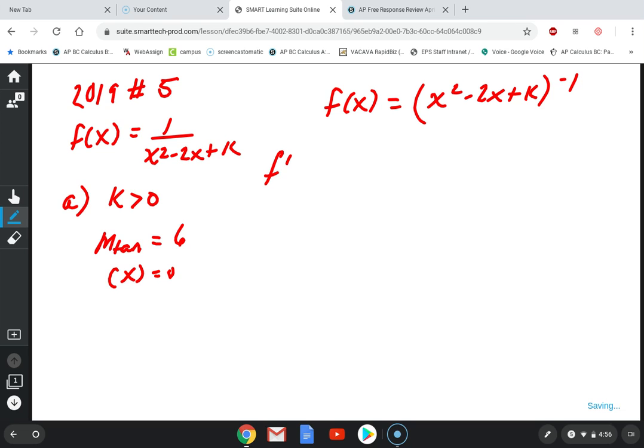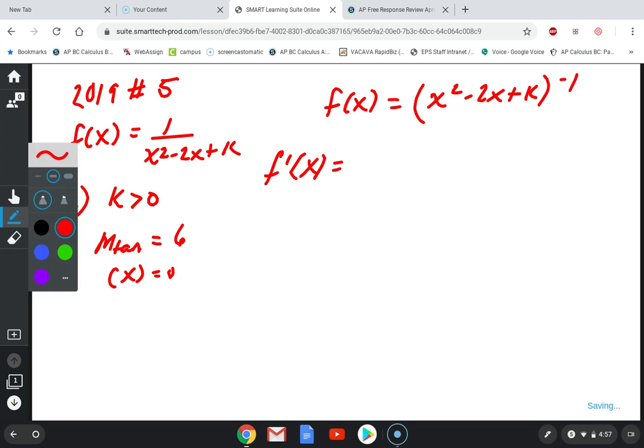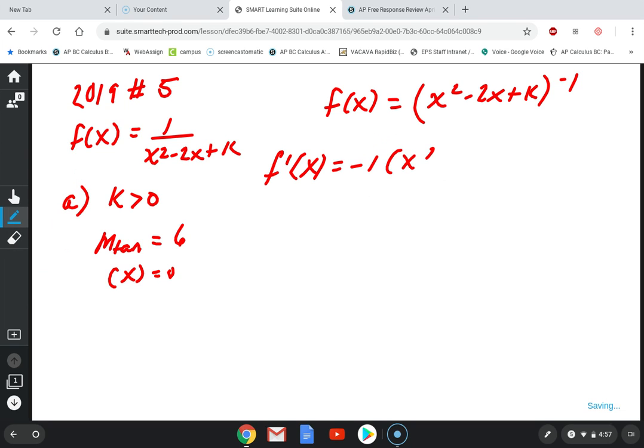So now when I take f prime at x, I get negative 1 times x squared minus 2x plus k to the negative second.